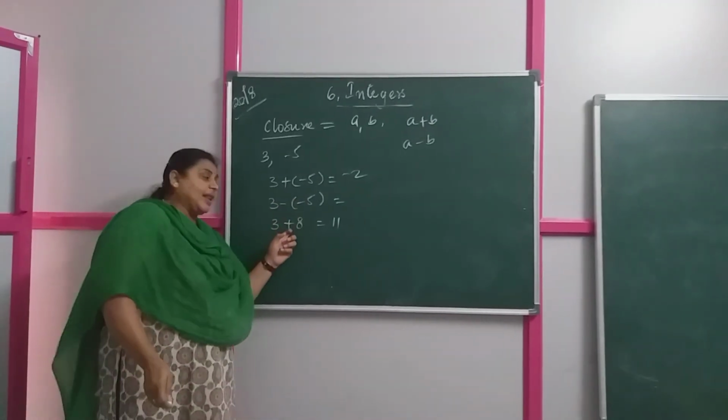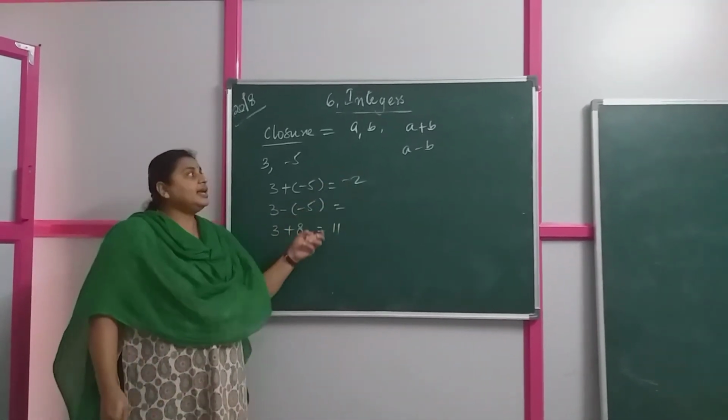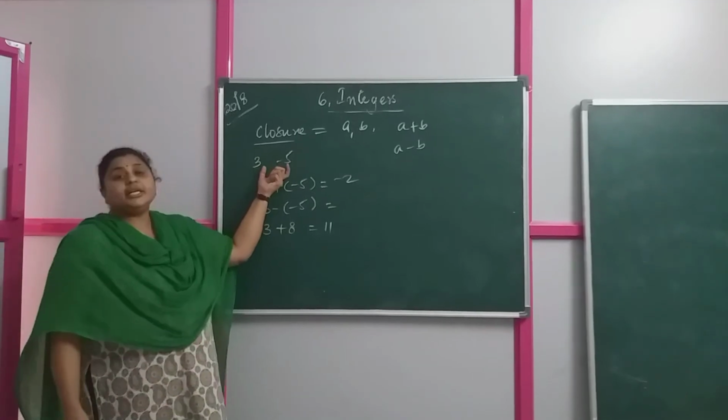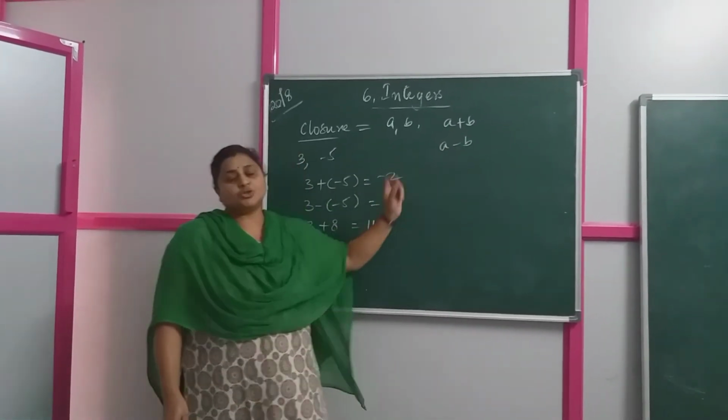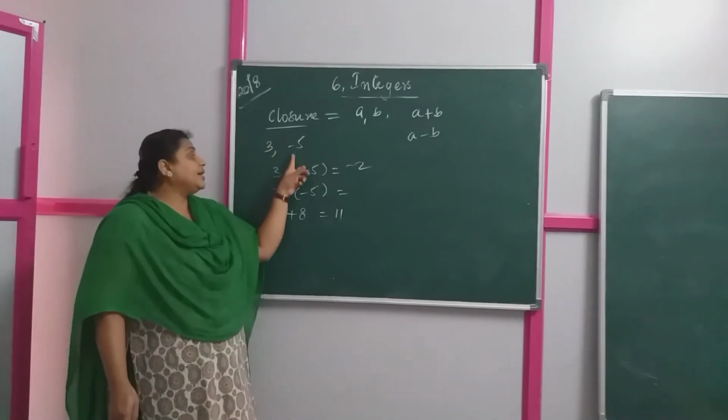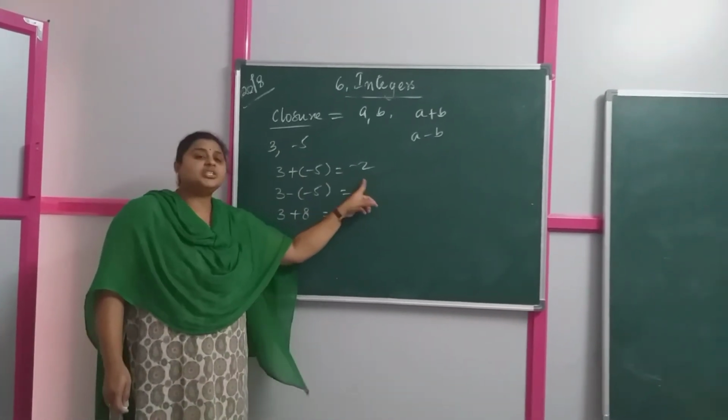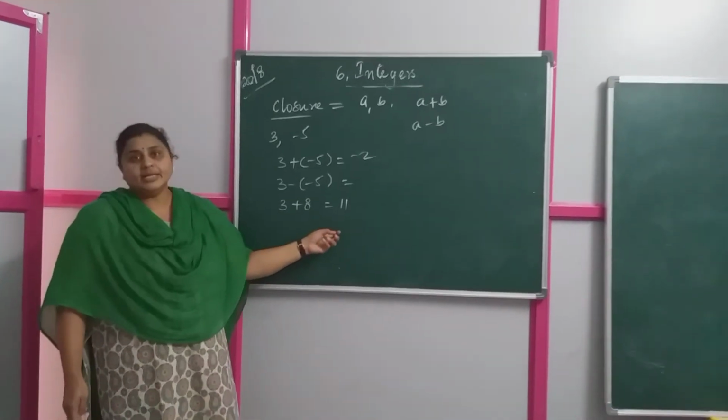Minus into minus is plus, children, 11. So if a and b are any two integers, then a plus b or a minus b should be an integer. Yes, with 3 and minus 5, on adding I am getting an integer, and on subtracting I am getting an integer.